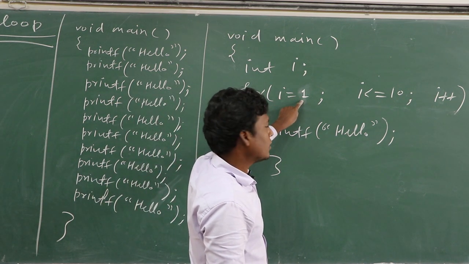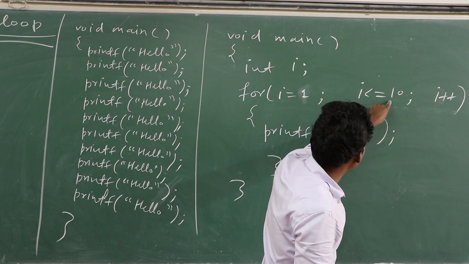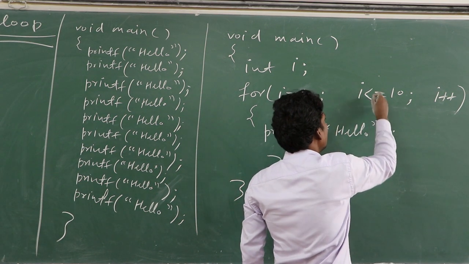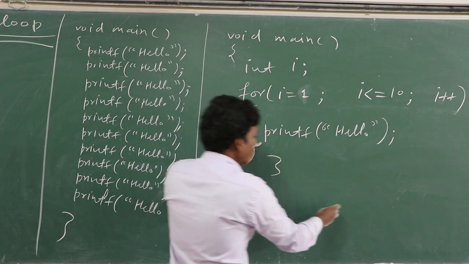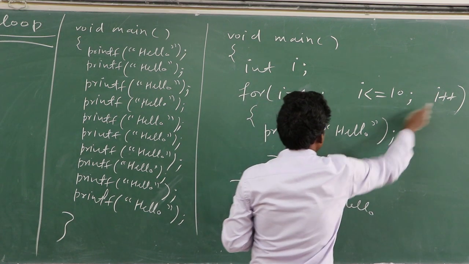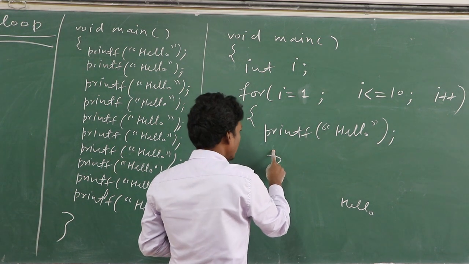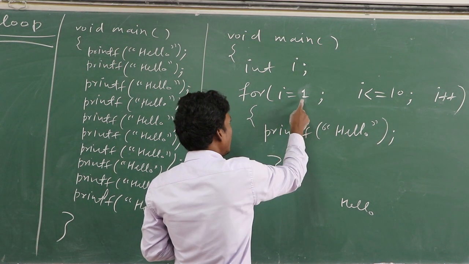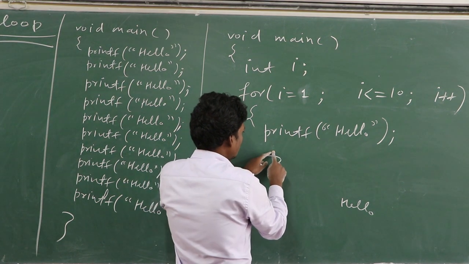I equal to 1, I has value 1, is 1 less than or equal to 10? Yes, the condition is true. In that scenario this set of statements will execute, so hello will be printed. Now I plus plus works here. I plus plus means I equal to I plus 1, so the value becomes 2. I had value 1 initially, now the value becomes 2.